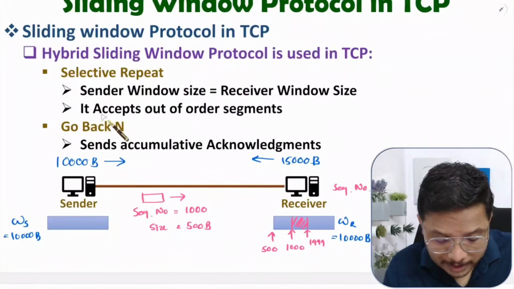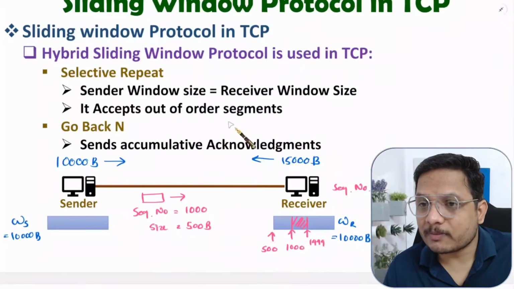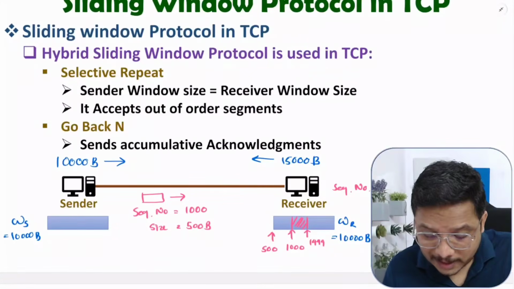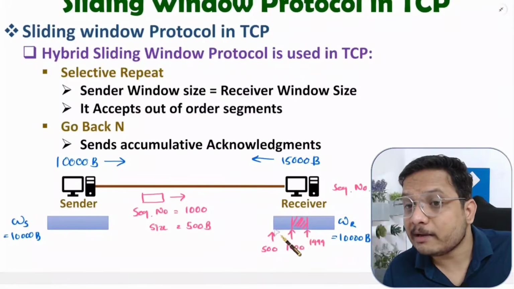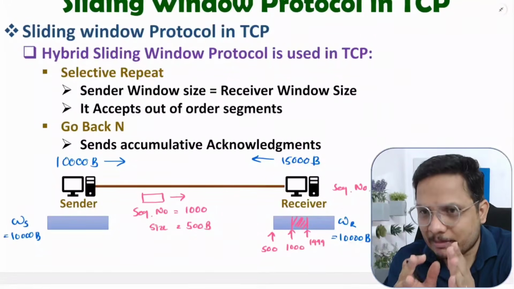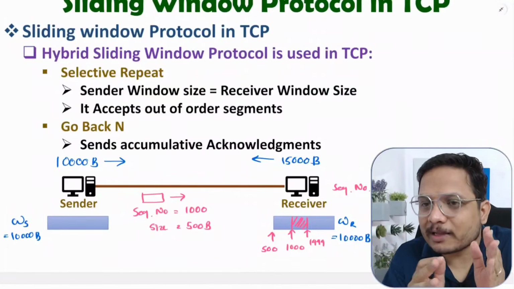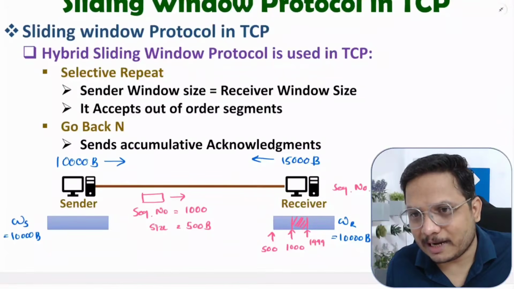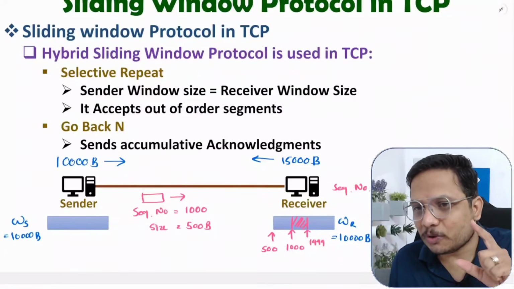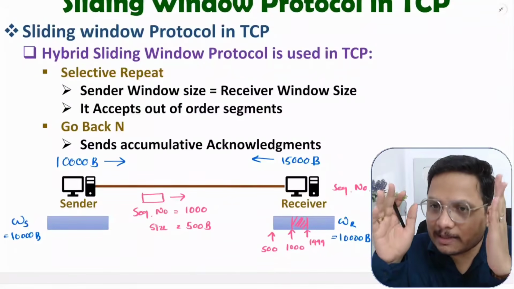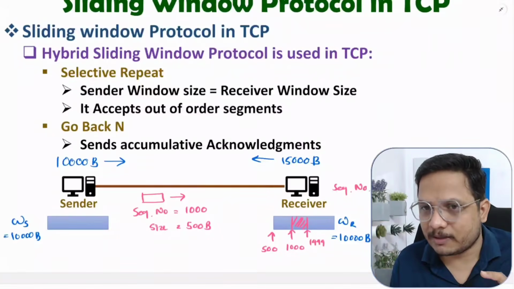Secondly, you should know it accepts out of order segments, and that acceptance is possible only if those segments can get fit inside window. See, it can accept out of order segments, but if it is not getting fit inside window, then it is not possible to accept, right? So that even you should know. If it is possible to fit that segment inside window, then only it can accept.